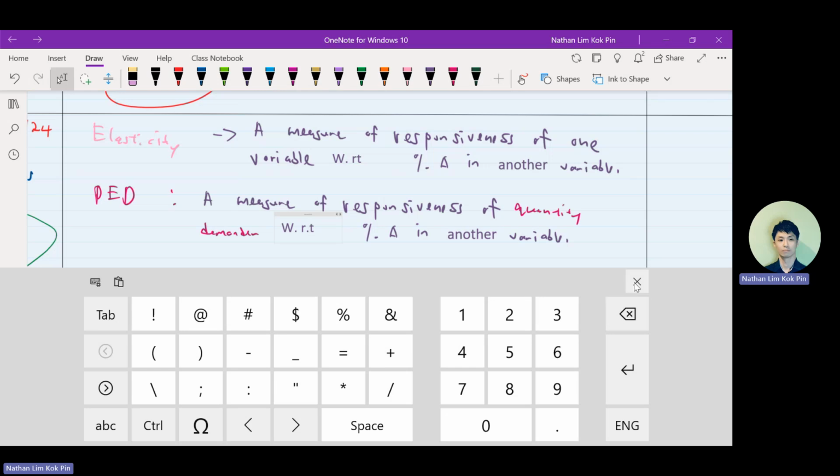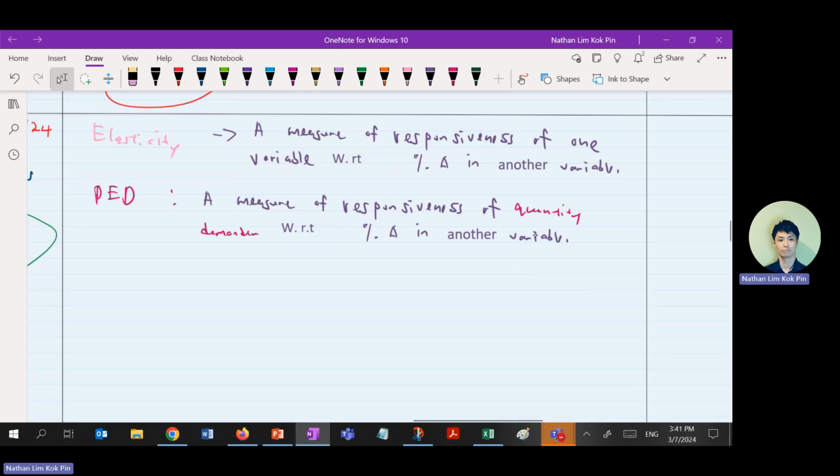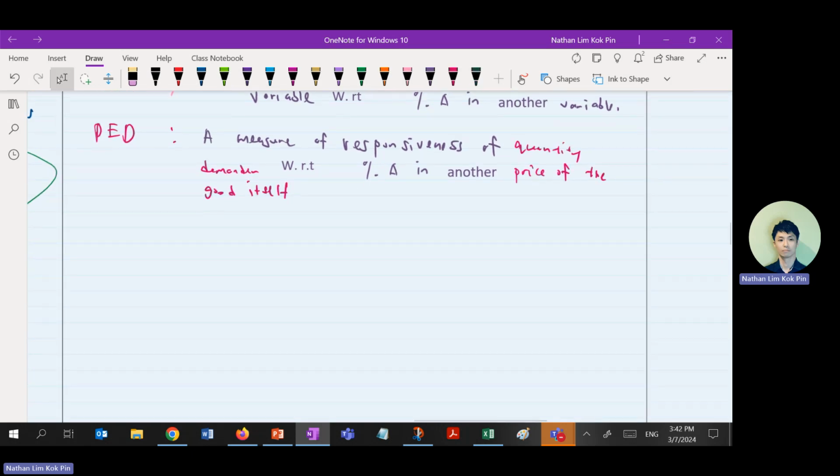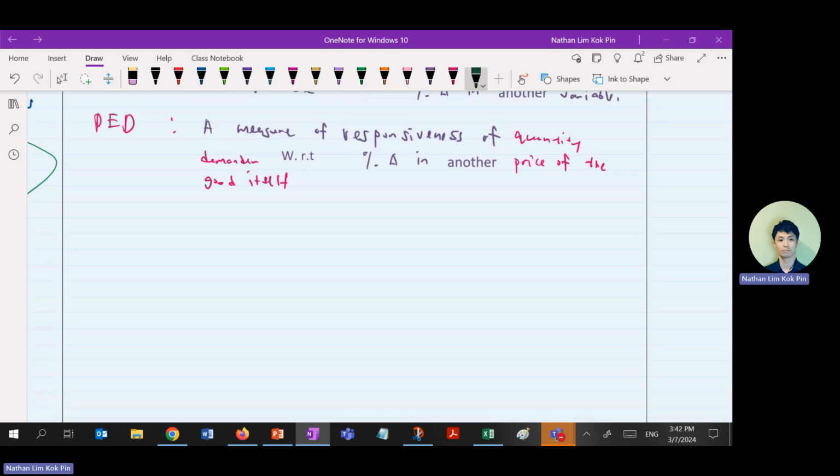percentage change in price of the good itself. This is a very popular question, especially the determinants. Okay, but no worries, I'll still go through.